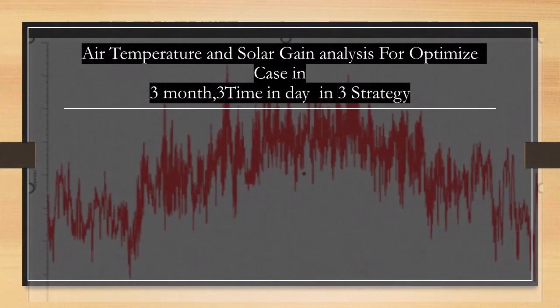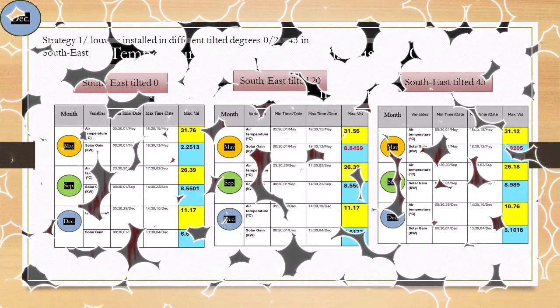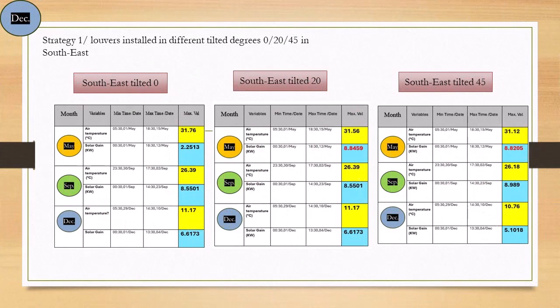Air temperature and solar gain analysis for the optimized case in 3 months, 3 times in the day, for 3 strategies. In the first strategy, louvers are installed at different tilt angles: 0, 20, and 45 degrees, in the southeast, south, and east.